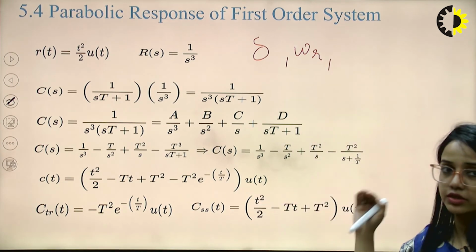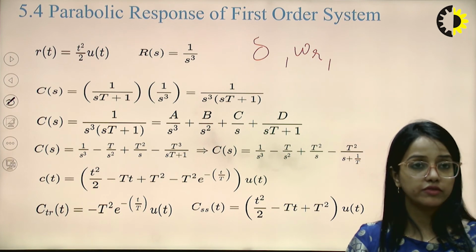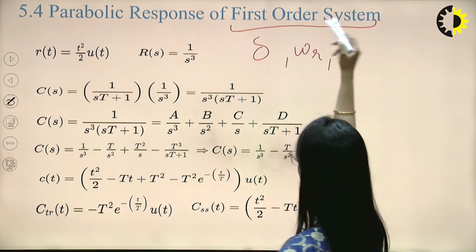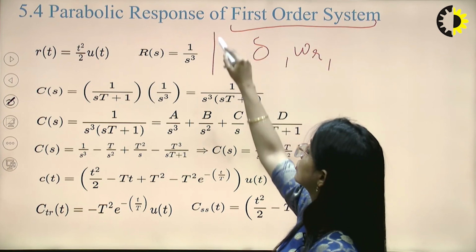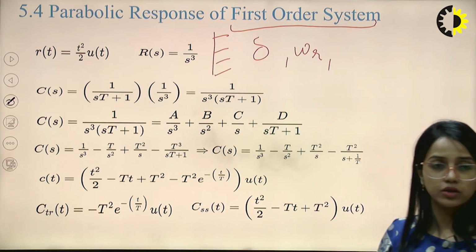Resonance frequency, damping ratio, everything comes into the picture when we talk about a second order system. Of course, the second order system will be subjected to all the 4 inputs again: impulse, step, ramp, parabolic.